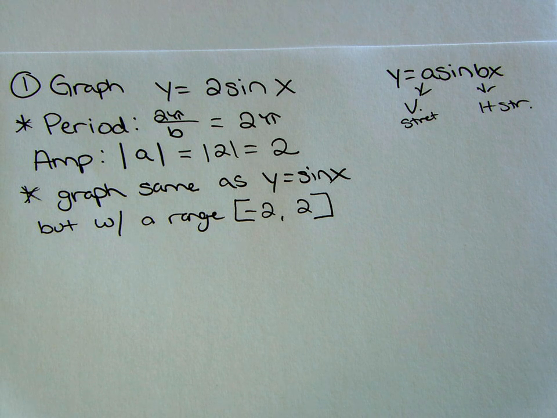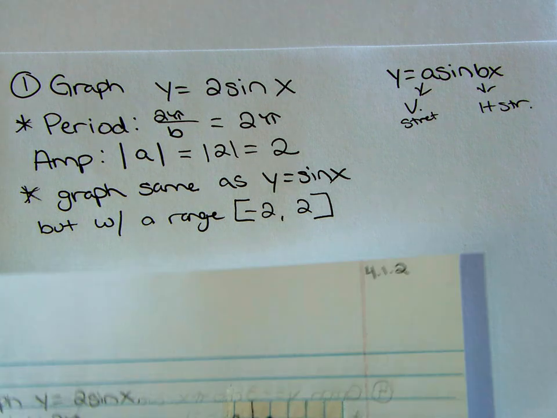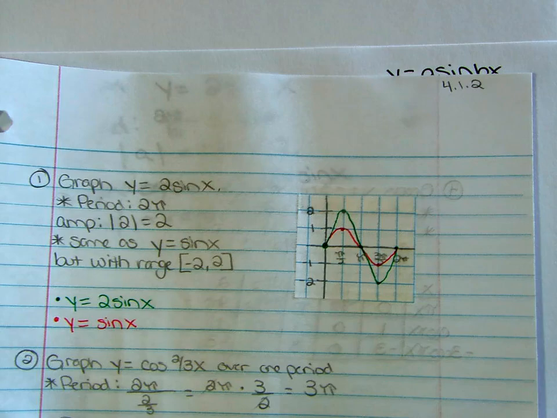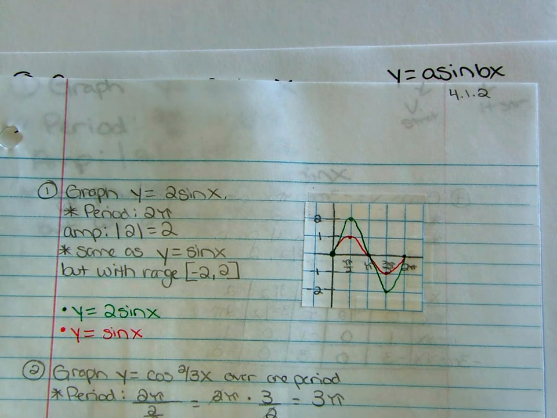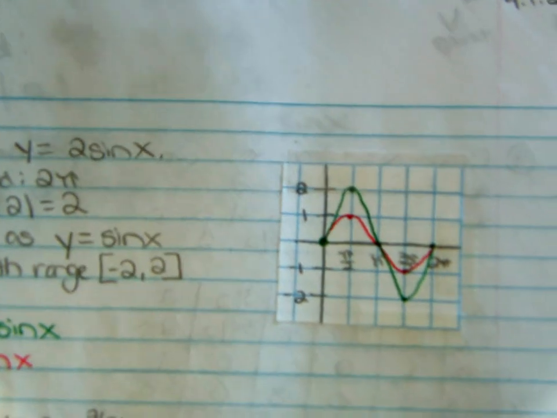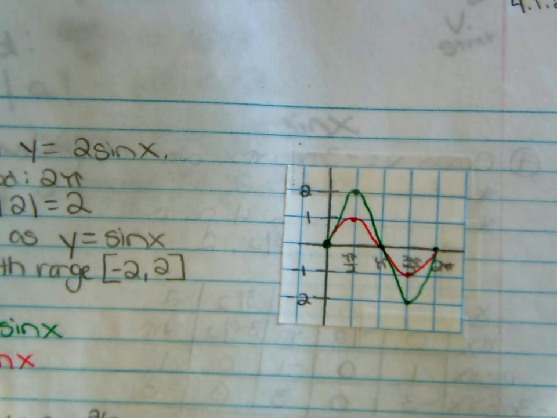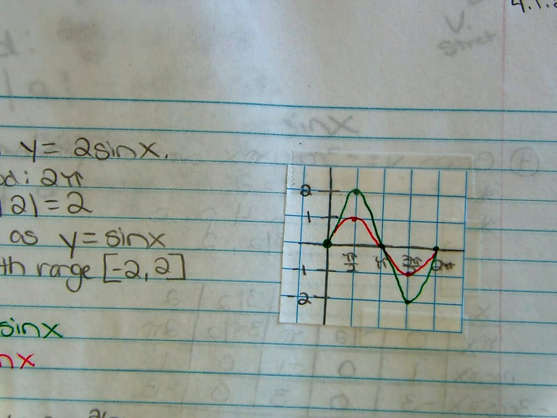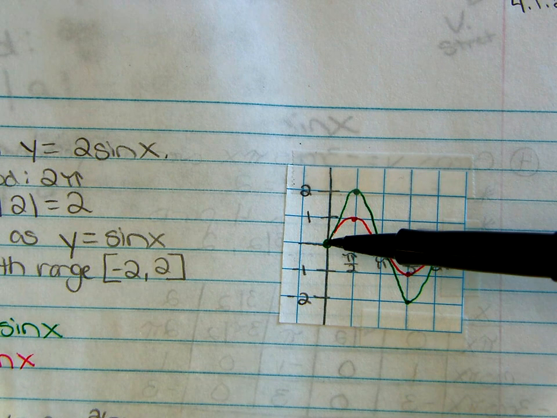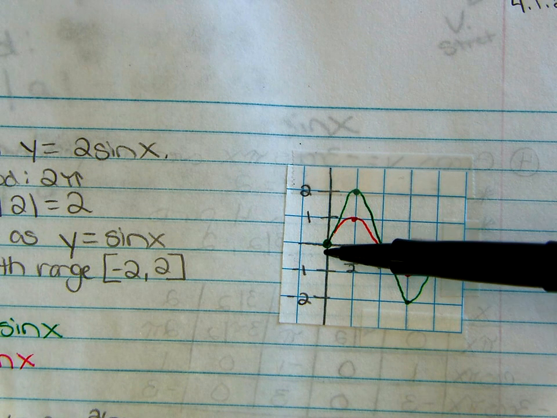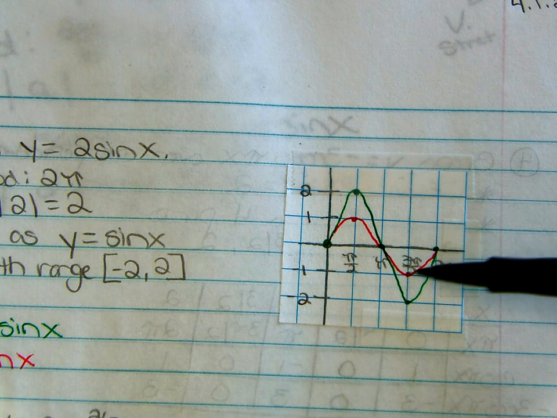Because I had graph paper, I'm going to show you the graph that I actually made in my notes because it looks better than anything I'm going to be able to whip out here. I'll zoom in. The red graph, the slightly smaller looking graph, is just the main mother function, as we call it.